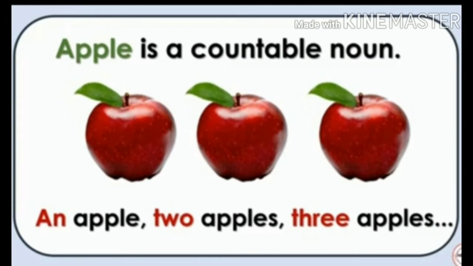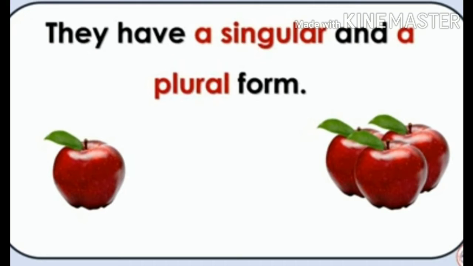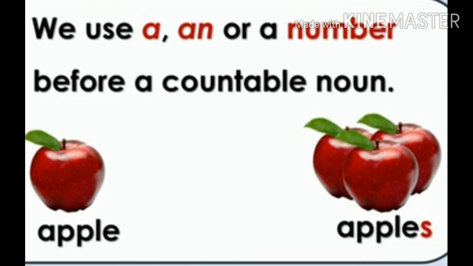Why? Because they have a singular and a plural form. Now see here, on one side only one apple and on the other side there are three apples, meaning they have a singular and a plural form. Again, we use a, an, or a number before countable nouns.